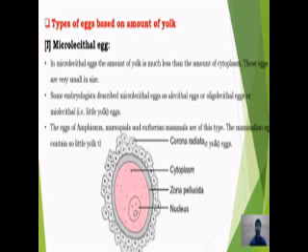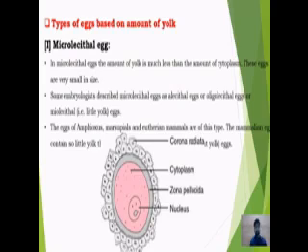When we compare the cytoplasm with the yolk, the amount of cytoplasm is larger than the yolk. Microlecithal is also known as alecithal or oligolecithal, or miolecithal.